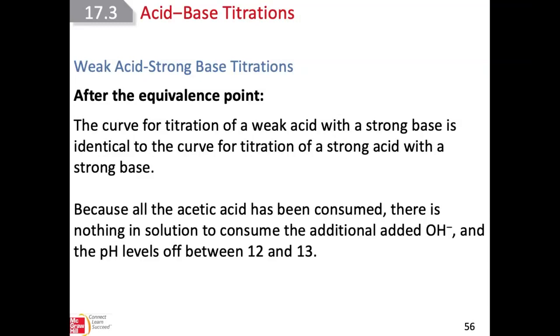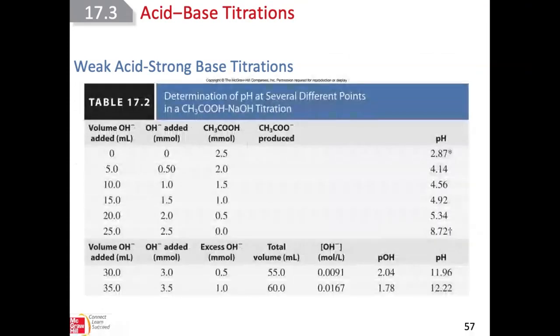So when you're adding a strong base, there is nothing in the solution to consume any additional OH minus, and your pH will be determined by the concentration of the OH minus, which is coming from the strong base NaOH, and that will be between 12 and 13. They're just giving a different volume and concentrations.